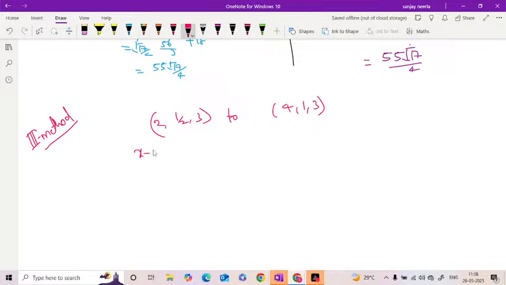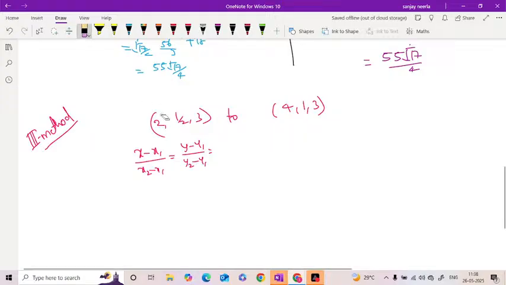So the parametric form is x minus x1 by x2 minus x1 and y minus y1 by y2 minus y1. So from this one also you can get it, but you can try this one also.